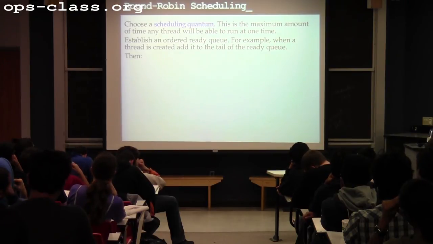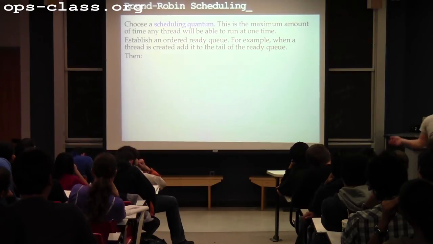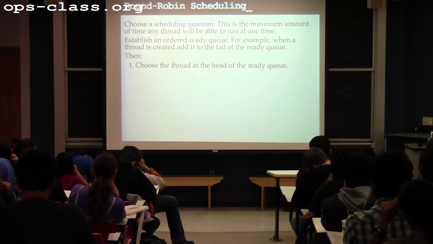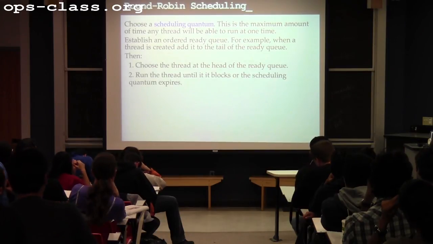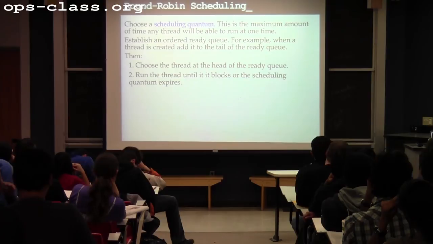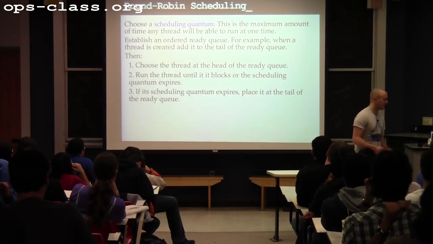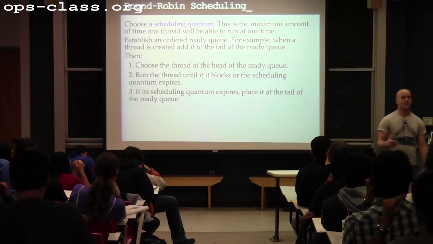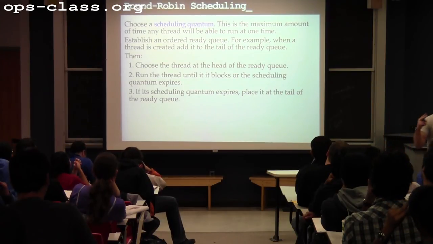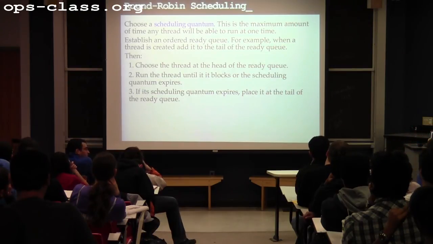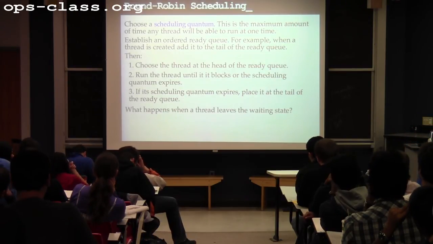When threads are created, I could put them in the front, I could put them in the back, who cares. At some point, they're going to get the chance to run. Now all I do is pop the thread off the head of the queue. I run it till it blocks, or until its scheduling quantum expires. If its scheduling quantum has expired, I put it back at the tail of the queue. Otherwise, where is it if its quantum hasn't expired? It's in the waiting state.